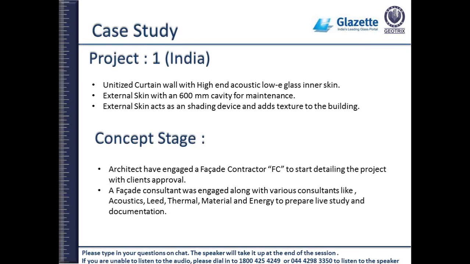So they did a live recording of the complete situation, and then a material consultant came from abroad. He made a 30-meter tower at the job site and started understanding the pollution level around the site. And an energy consultant started understanding the nomenclature of the surroundings.